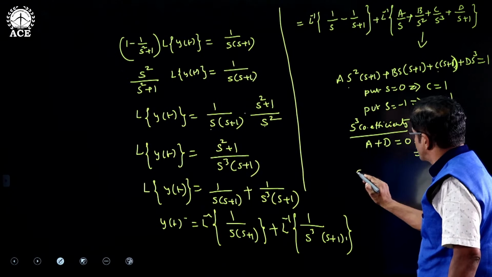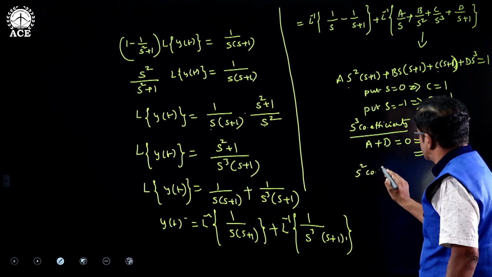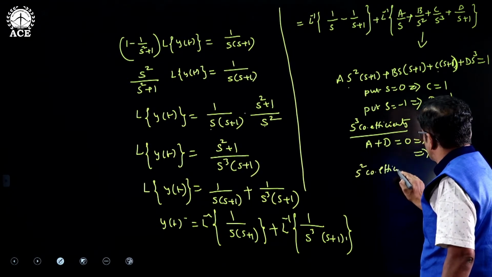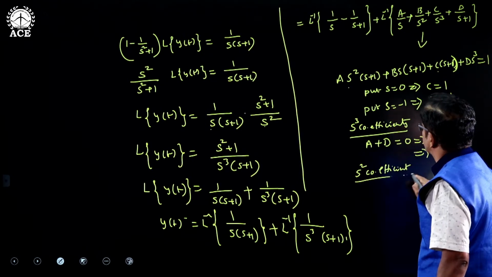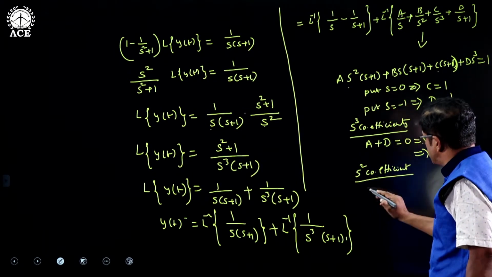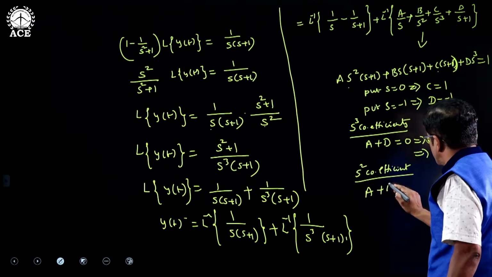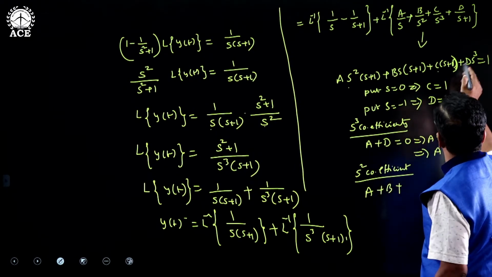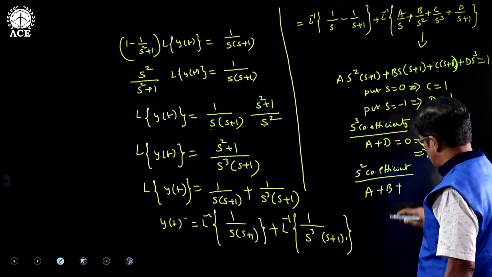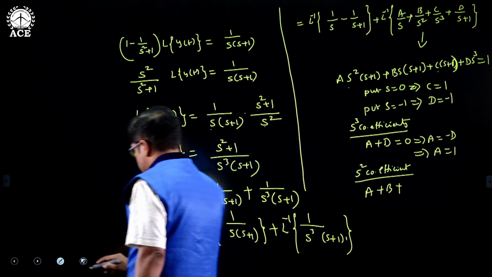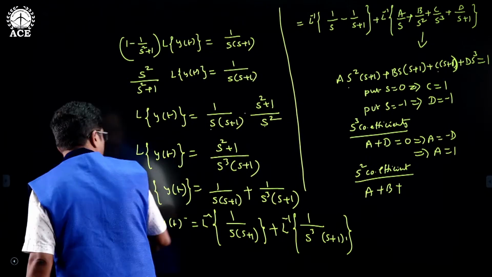Now next take the s square coefficient. If I take the s square coefficient, then a s square means a, and b s square means b. So only a plus b is equal to 0.